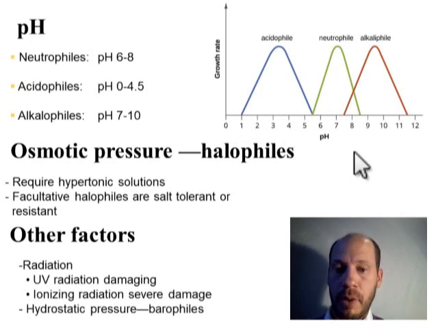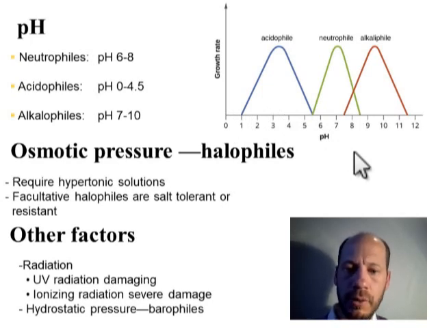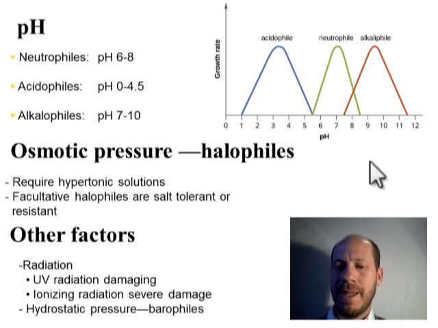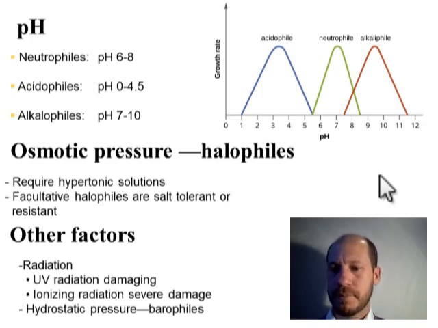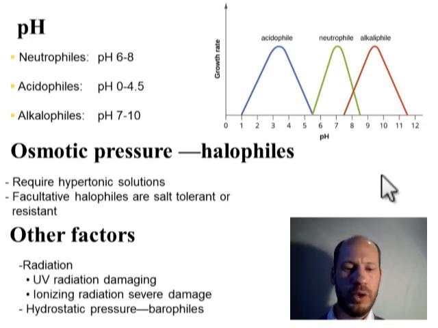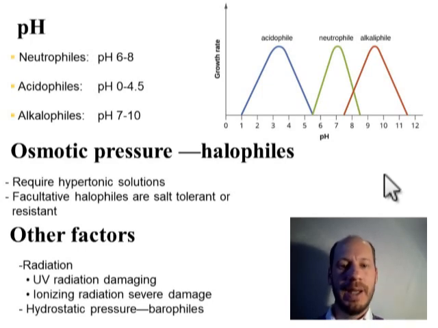When we talk about osmotic pressure, on the other hand, we're talking about salt concentration. The bacteria that tolerate high salt concentration, high osmotic pressure, are called halophiles. They require hypertonic solutions, or sometimes they don't require these hypertonic solutions, but they are just able to survive in these conditions, because they spend a lot of energy pumping salts out of their cells.